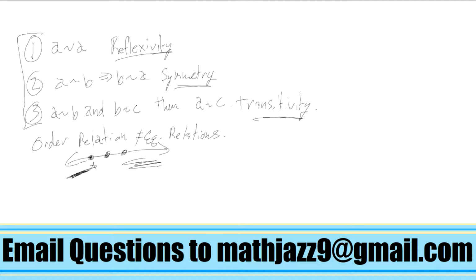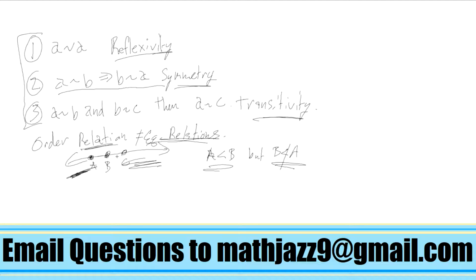Because, for example, if this point is A, and this point is B, and this point is C, A comes before B. But B does not come before A. So this fails the symmetry part of an equivalence relation. So an order relation and an equivalence relation will never be the same. But this is an example of a relation that is not an equivalence relation.